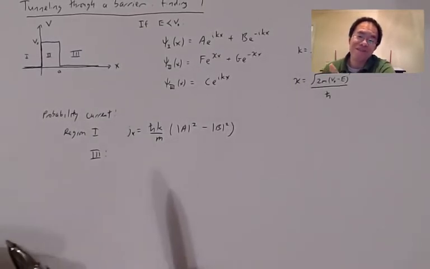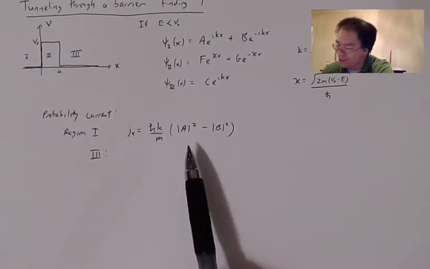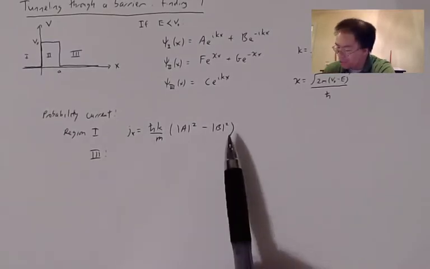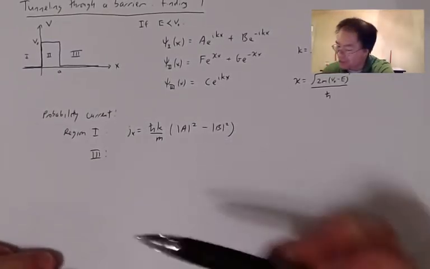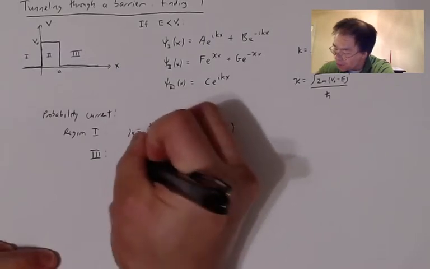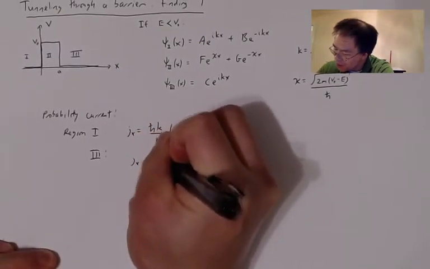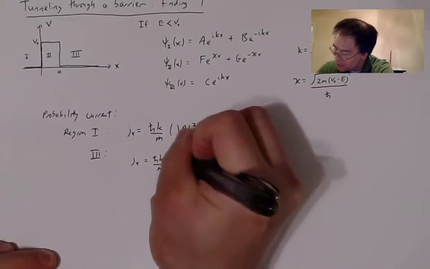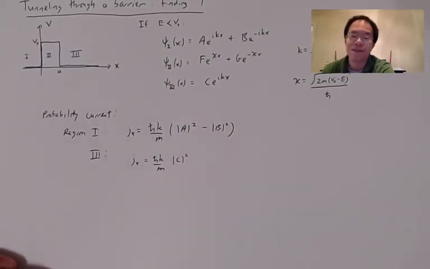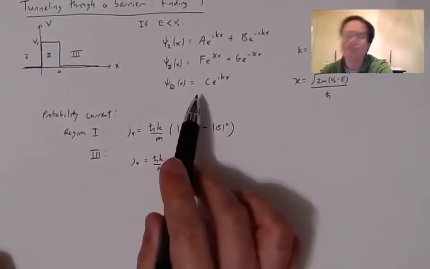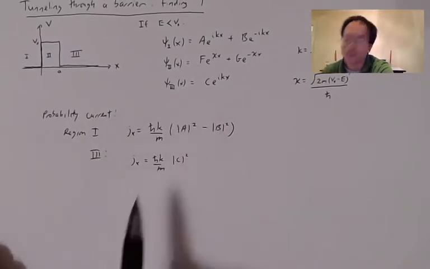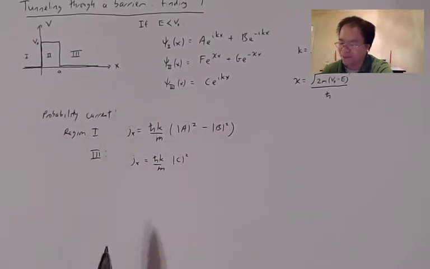So we can just steal the result by sending B to 0 and replacing the A with a C, and we straight away get the modulus of C squared there. Now, if you want to, you can plug this into the definition of the probability current, but you'll get exactly the same thing.